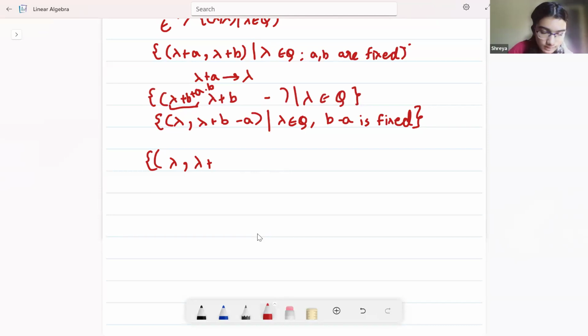So now it becomes the set of all pairs of the form lambda plus r, lambda, such that lambda varies over all rationals. And we want to say this is isomorphic to the set of all rationals.